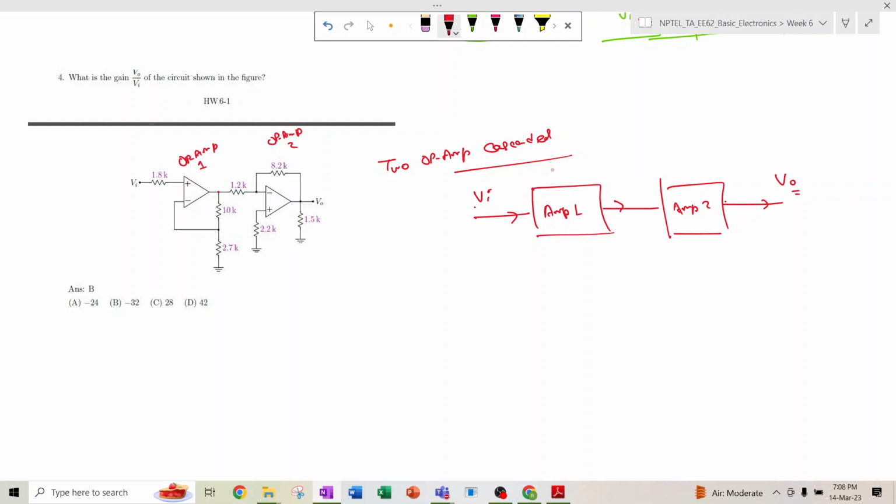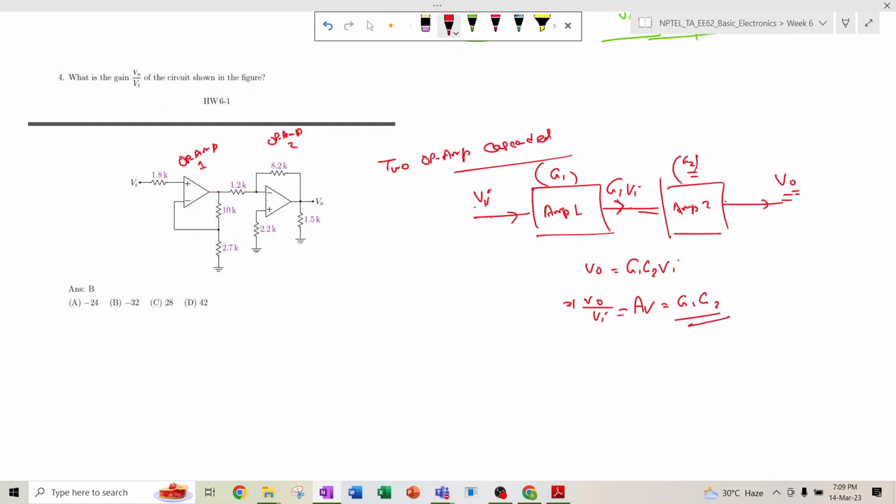Suppose amplifier 1 has gain G1 and amplifier 2 has gain G2, then Vo is nothing but G1 into G2 into Vi, right? Because if input Vi is applied and G1 is the gain, then G1 Vi is applied over here and G1 Vi is multiplied with G2. So Vo divided by Vi, which is the voltage gain of the cascaded amplifier, is G1 G2.